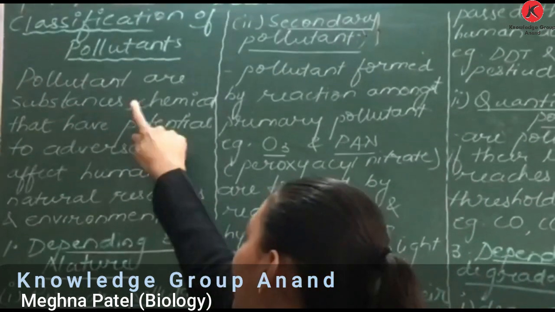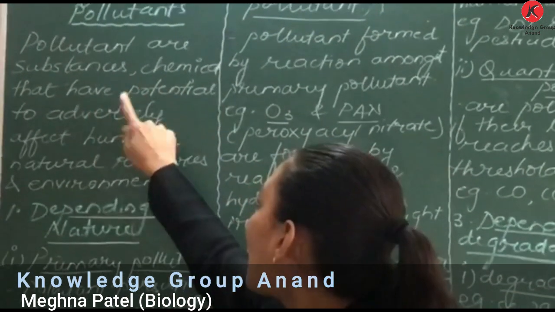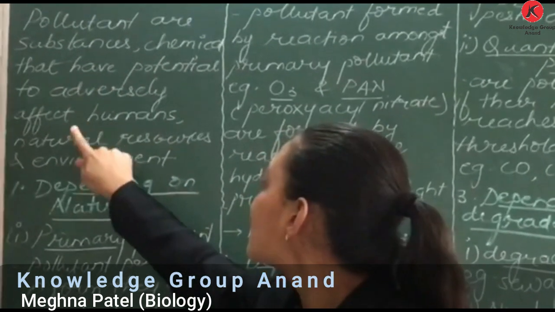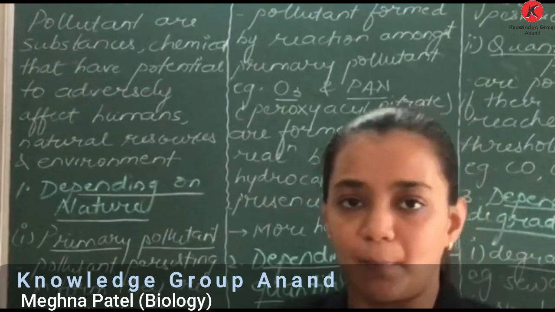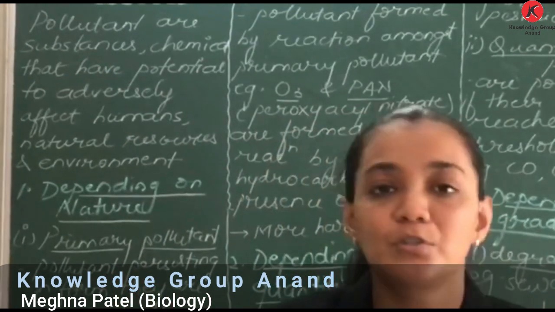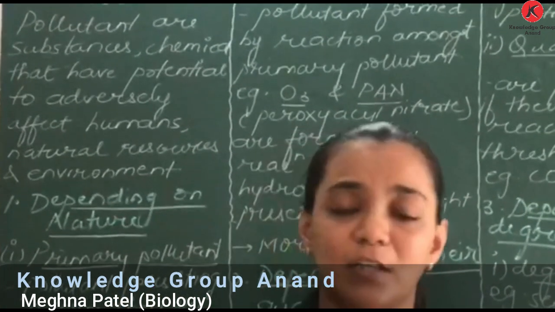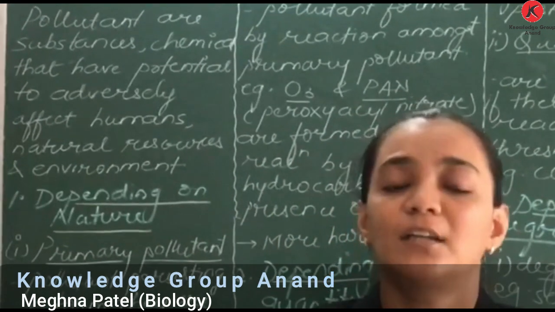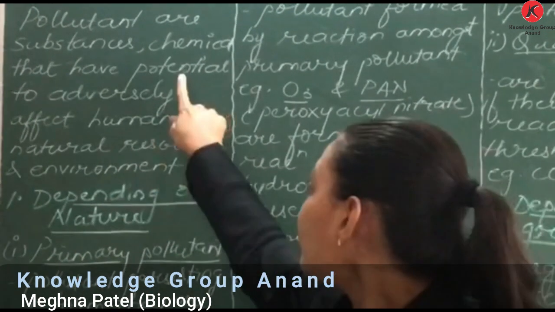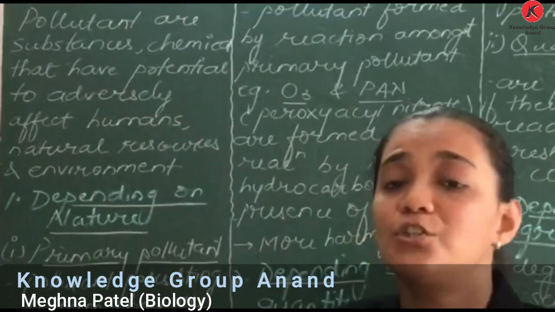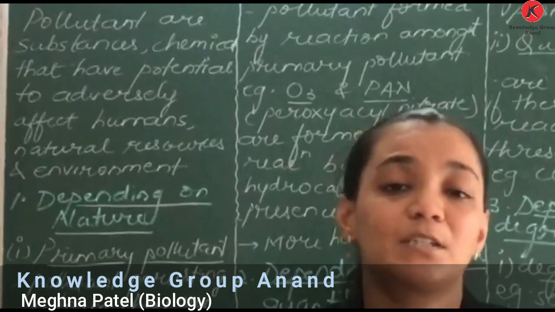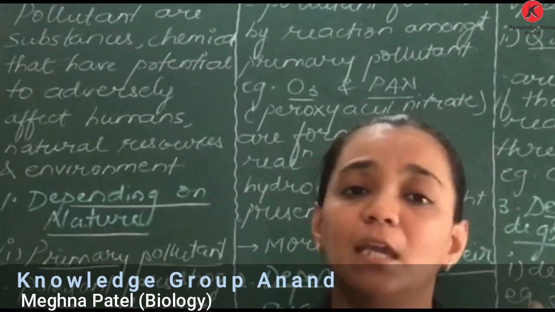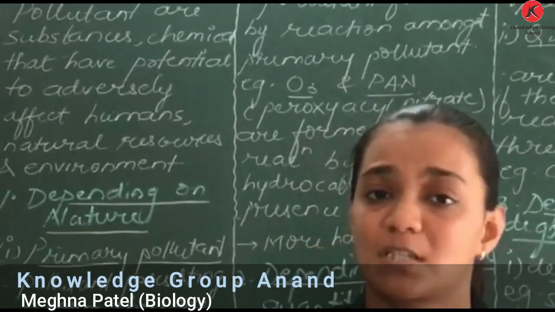A pollutant is a substance or a chemical that has the potential to adversely affect humans, natural resources and the environment. So what is a pollutant? A pollutant is any substance or chemical that has the potential to adversely affect humans, animals, the environment and our surroundings.